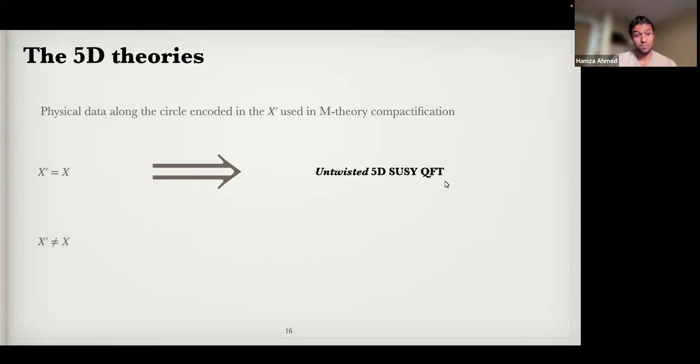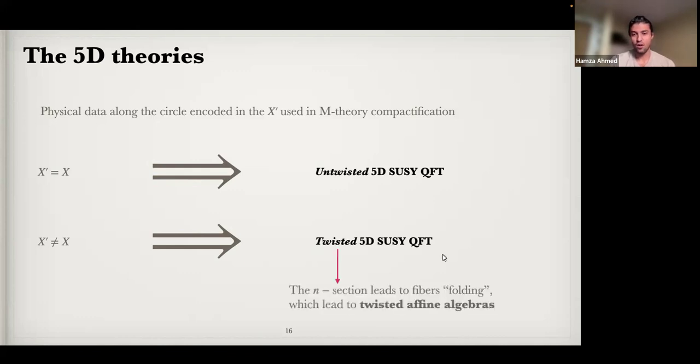And if I pick X prime to be not the Jacobian, but some other Calabi-Yau with an N section possibly, then I get what I will define as a twisted 5D supersymmetric quantum field theory. The reason I call it twisted is because now this fiber has an N section, and so you have certain monodromies that can fold your fiber.